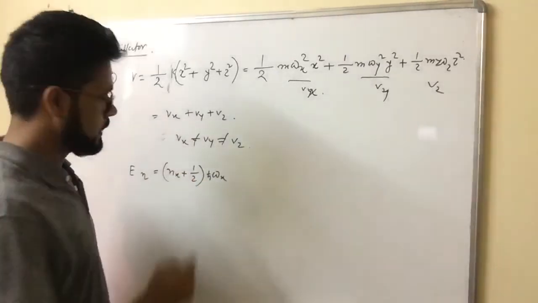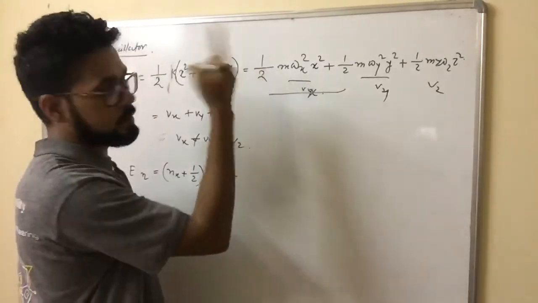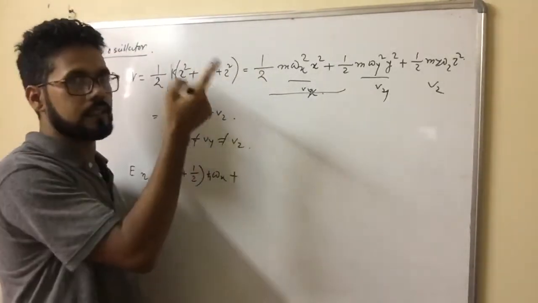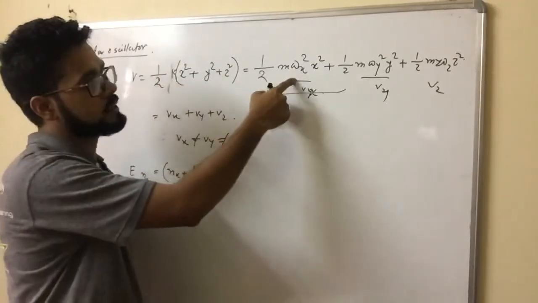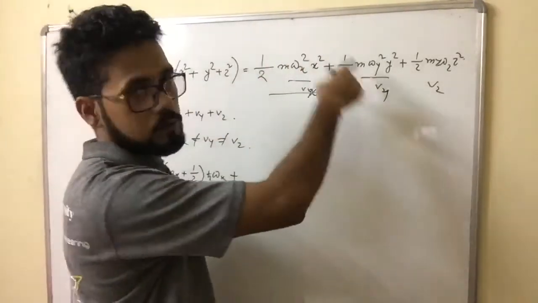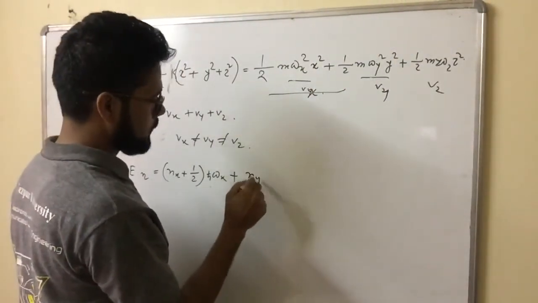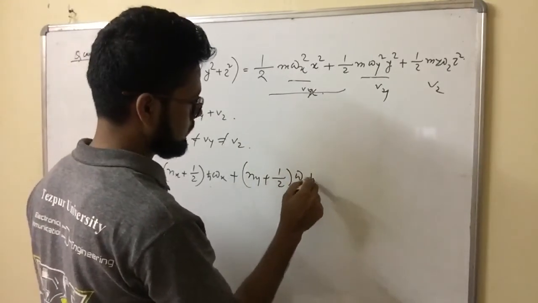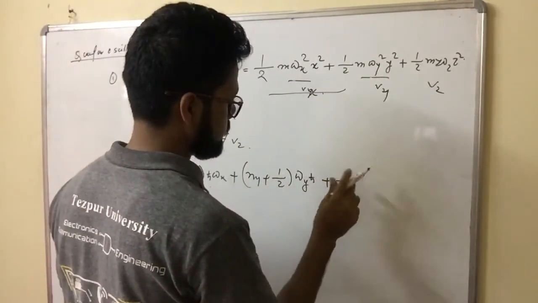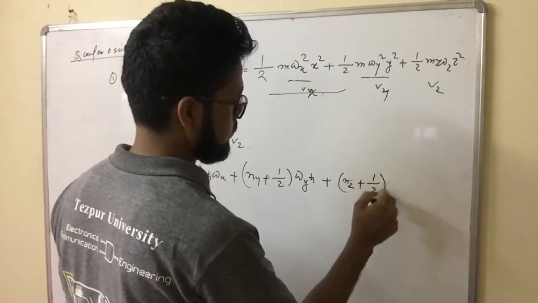This is one thing. The total energy will be potential energy plus kinetic energy. The kinetic energy remains fixed: px square by twice m, plus py square by twice m, plus pz square by twice m. So the total energy is (nx plus half) h cross omega x, plus (ny plus half) h cross omega y, plus (nz plus half) h cross omega z.